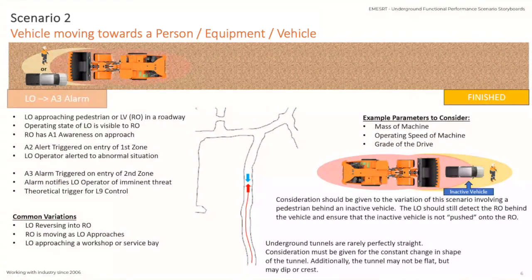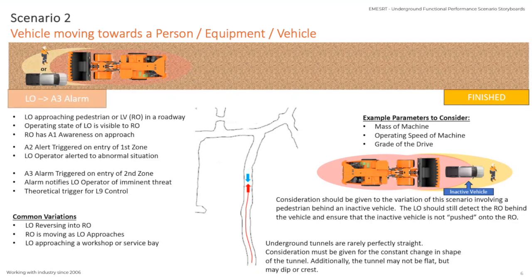So you want to keep it close to where you're making the money as much as possible. So tunnels are rarely straight. They have lots of kinks and dips and turns. They also are not flat, so they might have crests or dips in it to account for dewatering practices and things like that. So that needs to be considered in how we design solutions for this particular scenario.